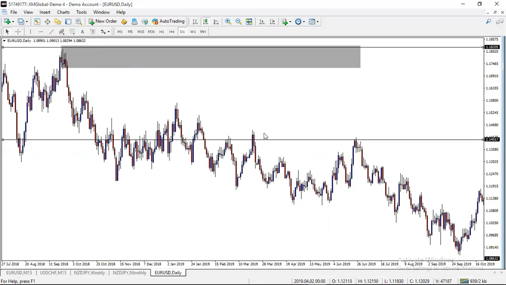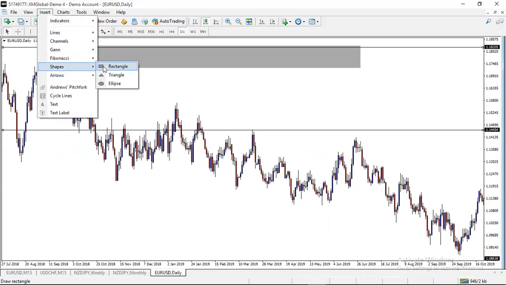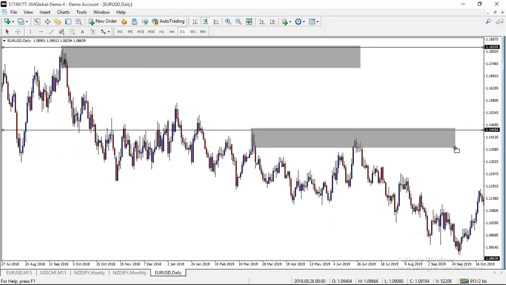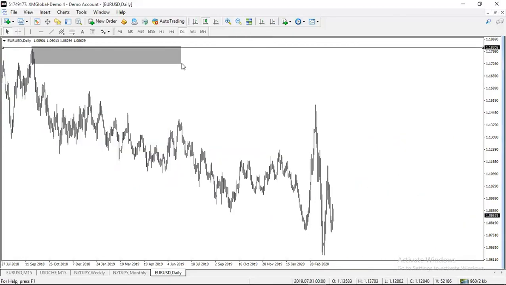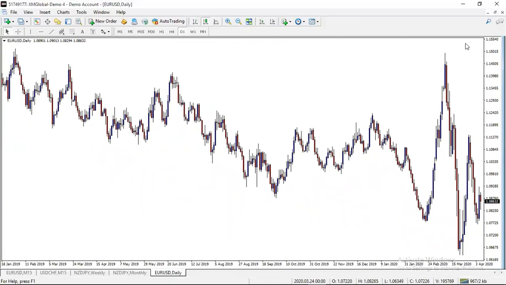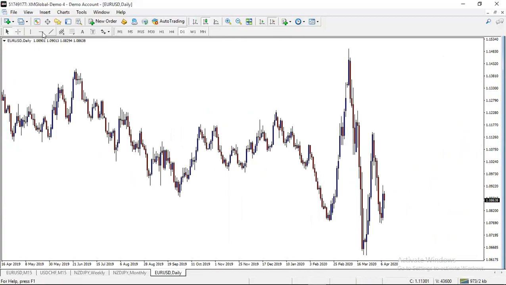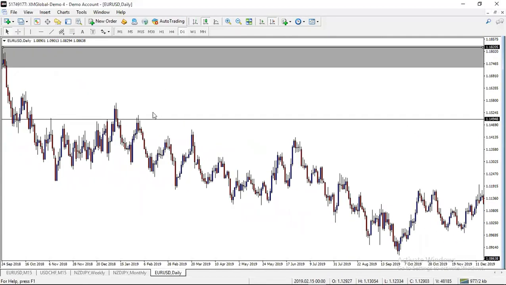If you mark this one and put a resistance here, you can see price did not reach that price, but if you put it like this, you get your reaction. This one wasn't retested, hasn't been retested as yet. I'm sure this one is also reacting to something. If you draw a line like this, yes, it's reacting to this.